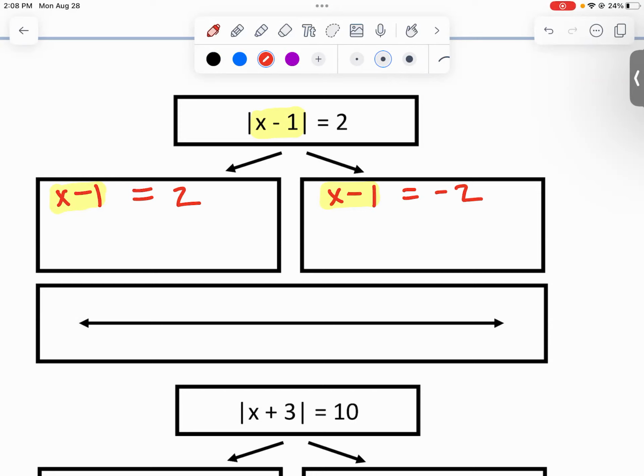Whatever is in the absolute value gets to stay. We just take the absolute value off and say, well, it could equal the positive or the negative. Okay, so this guy is what? Are you confused about something?